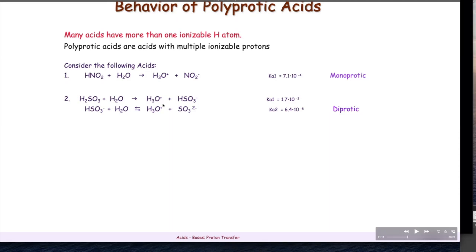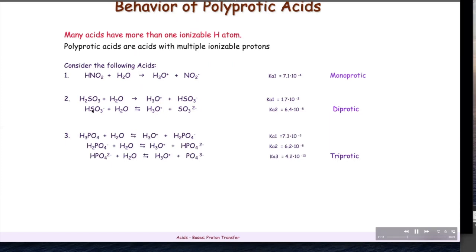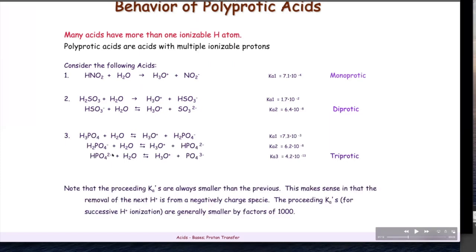So you have to solve the first equilibrium first, and use the concentration from the first equilibrium to give you the initial concentration of the second equilibrium. Then we have a chemical that is triprotic, like phosphoric acid, and it's going to have 3 Kas. So again, these are just examples of polyprotic acids.